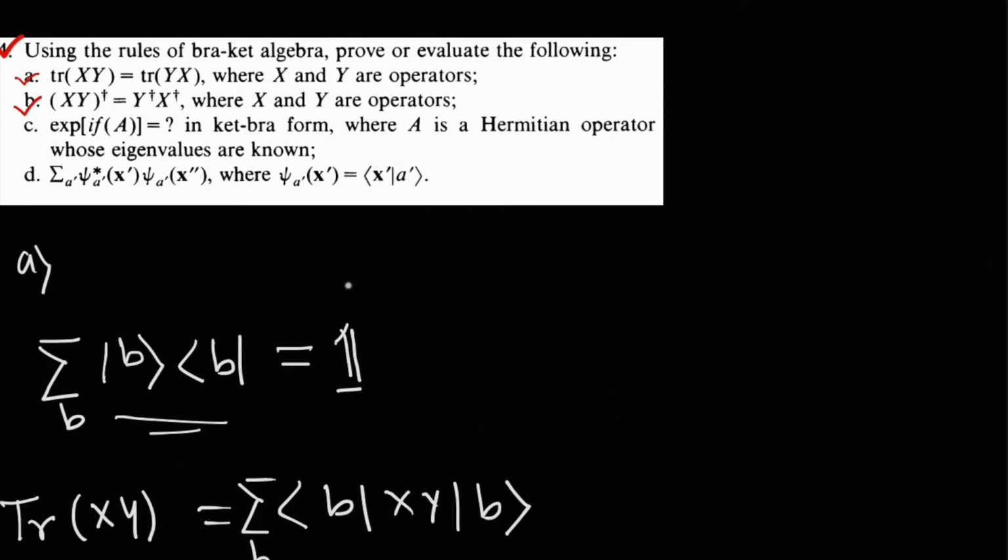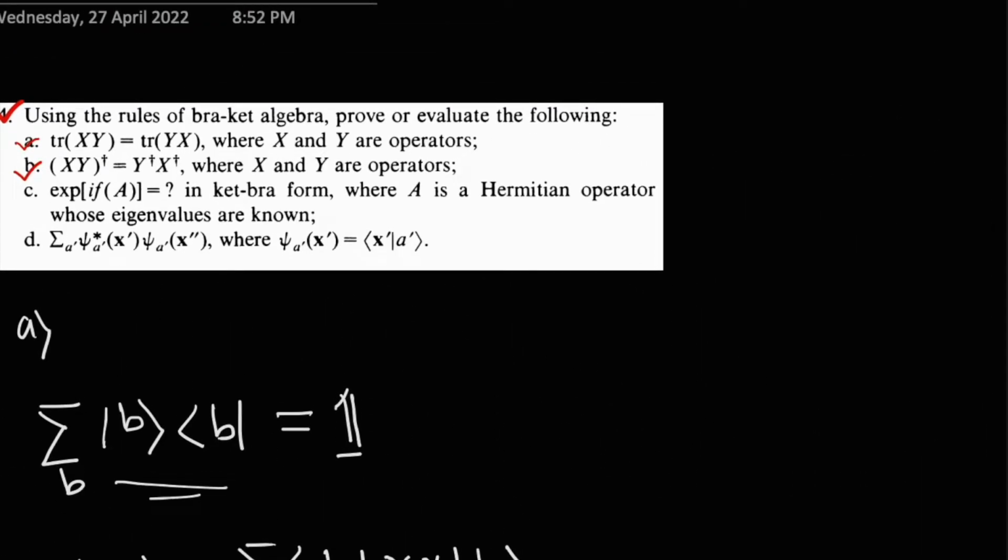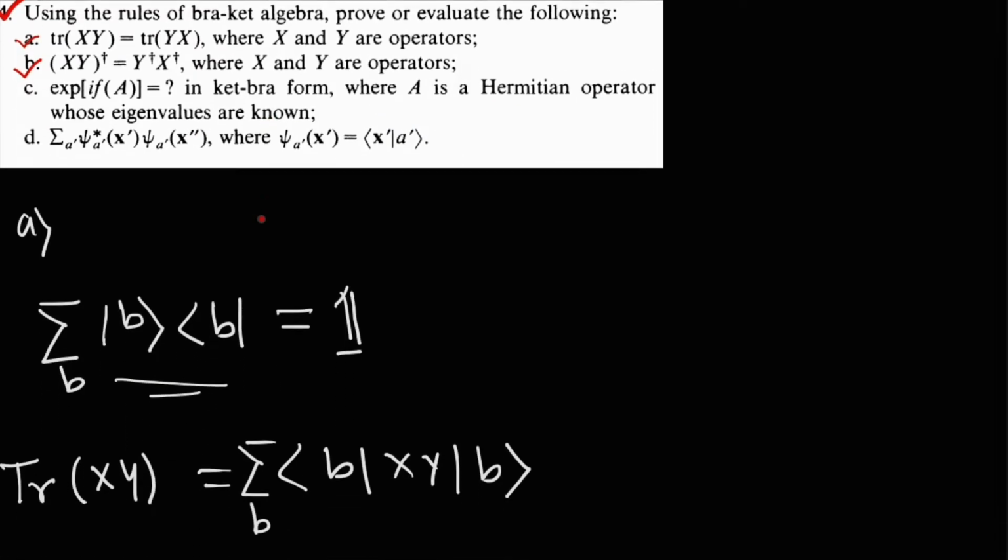Now let us solve the third part of the question. Here it is asked, exponential of i f(A) is equal to what in the ket-bra form, where A is the Hermitian operator whose eigenvalues are known.